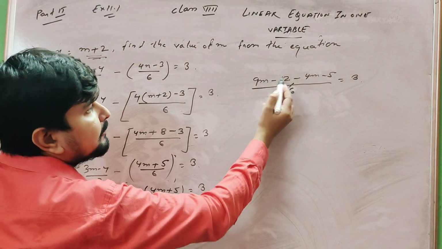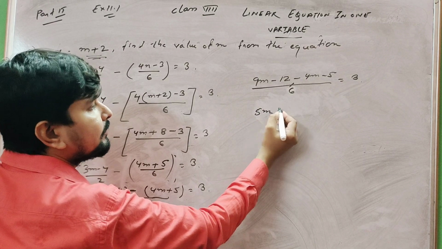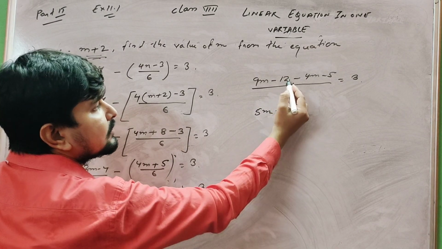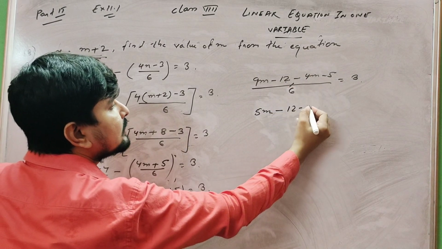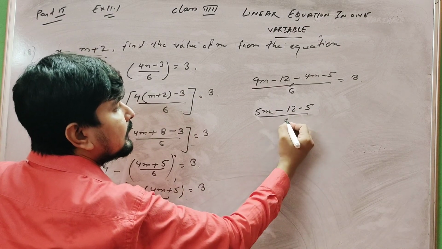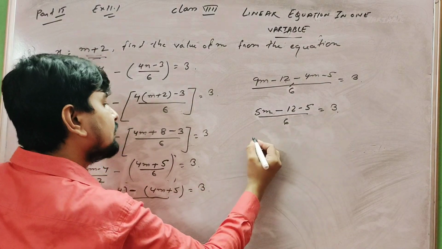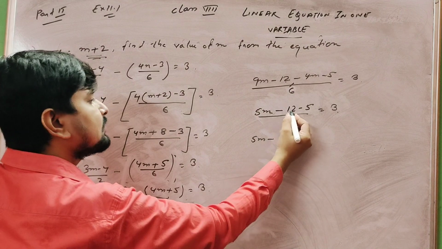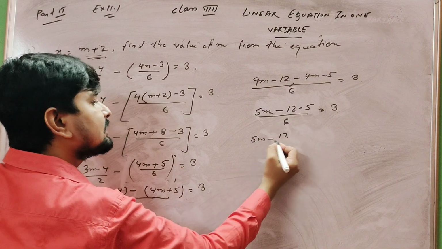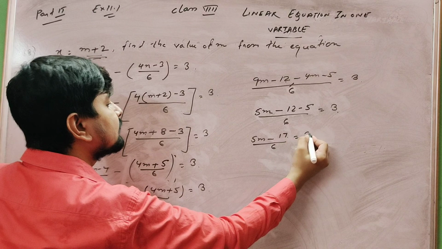So 9m minus 4m is 5m, minus 12 minus 5, it's minus 17, upon 6 equals 3.